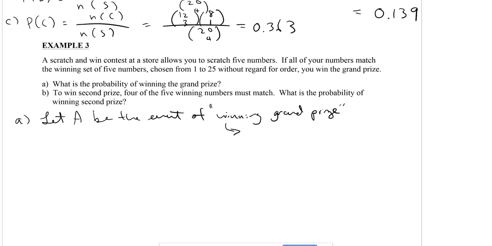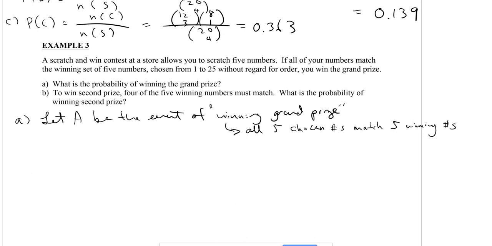If you reread that first paragraph, you're basically picking 5 numbers out of numbers 1 to 25, right? And if you match, then that's how you win the grand prize. So in other words, what I want is that all 5 chosen numbers have to match the 5 winning numbers.